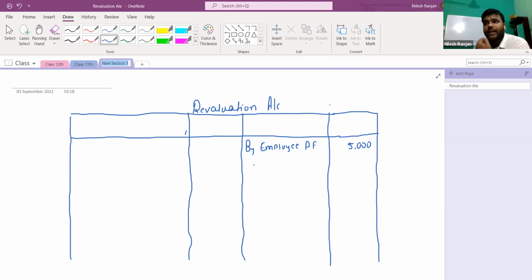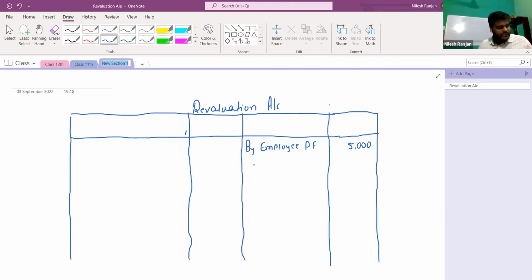It is not like an annuity. It is not recurring in nature. You will not get the amount again and again, but you will get one lump sum amount at the time of your retirement, or if you want to withdraw in between your job, you can also withdraw, but only a portion, not all the amount. Okay, sir. So it is employee PF.